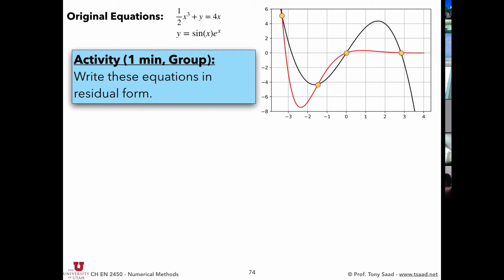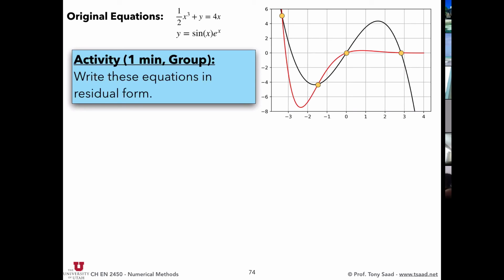All right. So let's see time. Okay. I'm going to randomly select someone. All right. Andy, are you here? You want to unmute? Yeah. So do you have an answer for the residual form of these equations?